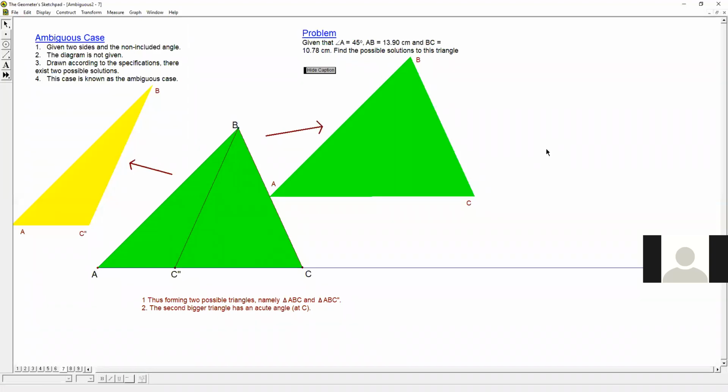Vikashini, how to measure 10.78 using a ruler? You don't have to actually construct the triangle. In additional mathematics, you don't have to construct. You just draw a rough sketch. I drew it for you accurately because I want you to see clearly what I'm talking about.